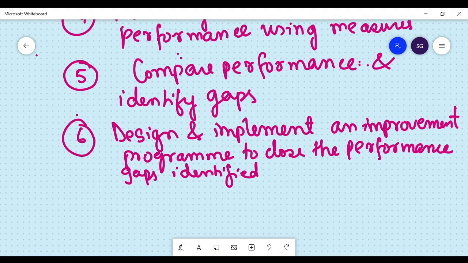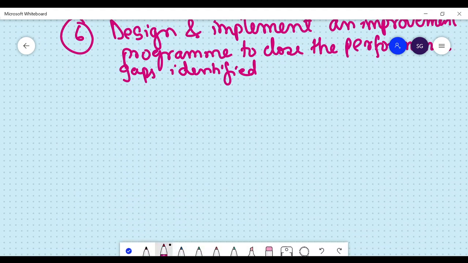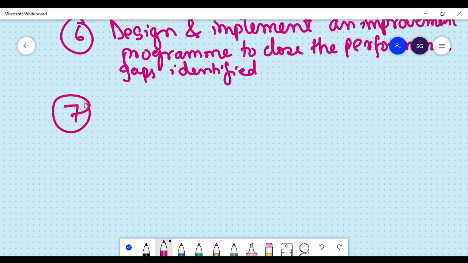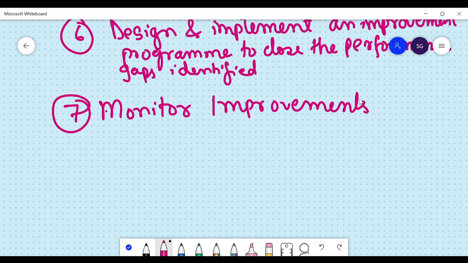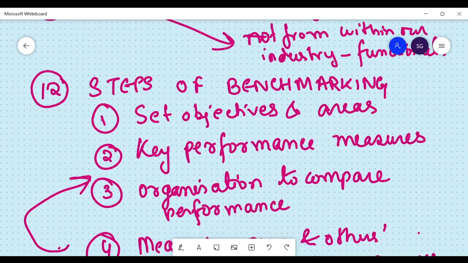So now you'll try to close the gaps. The last step is monitoring improvements because it is a continuous process. So benchmarking is a continuous process. So we were on the 12th point.